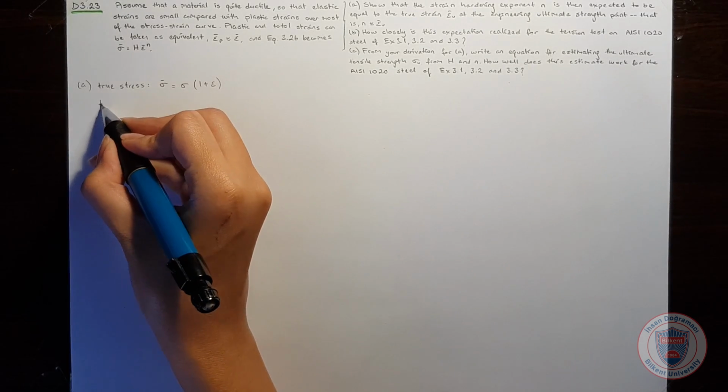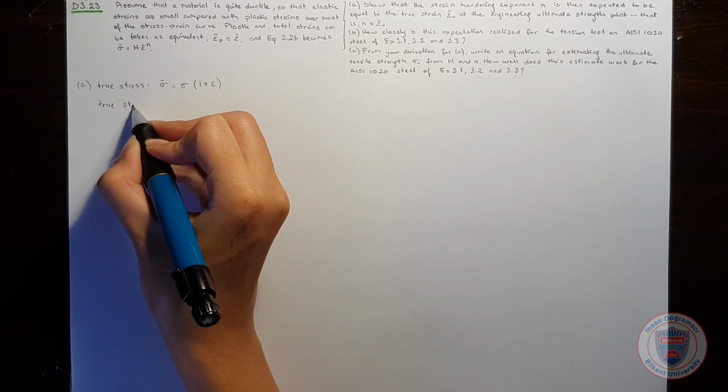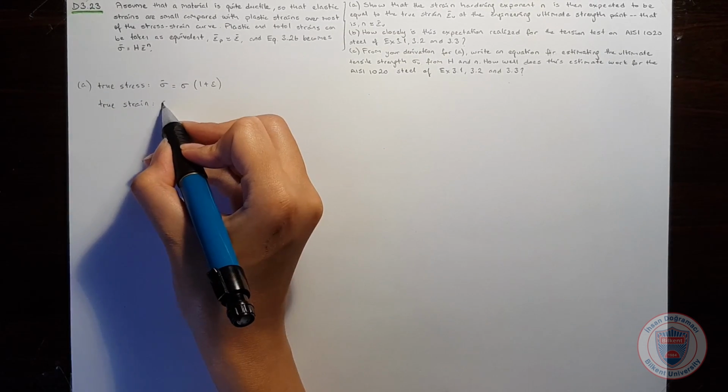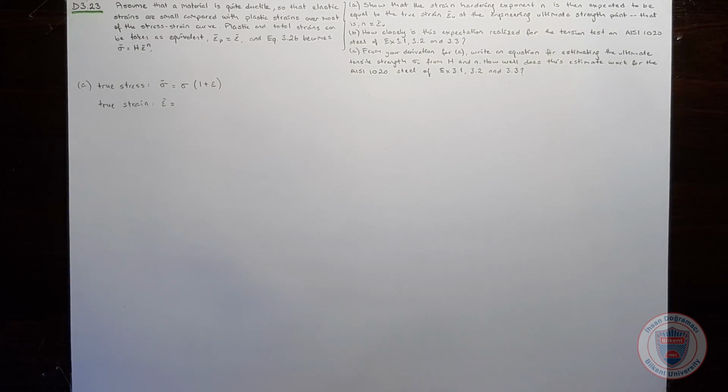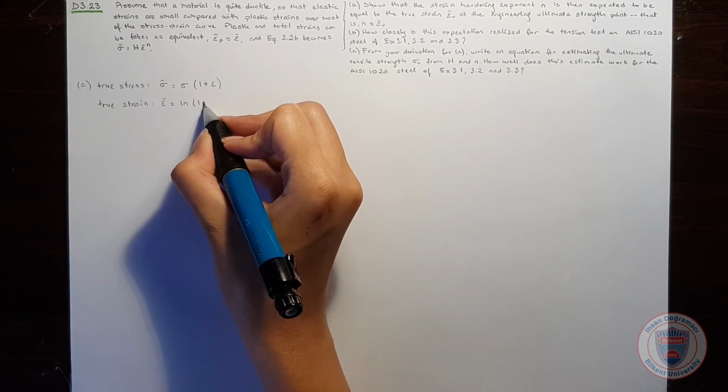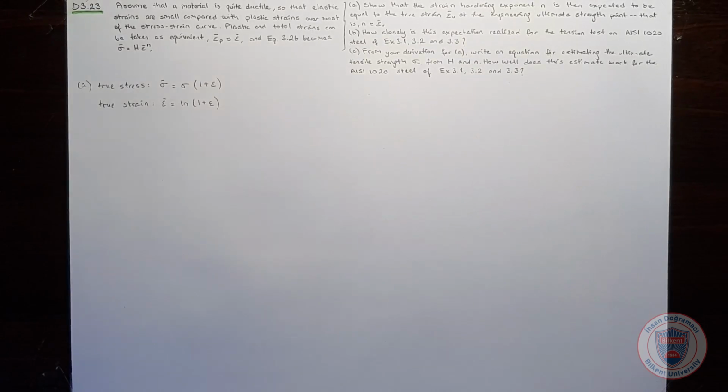Furthermore, true strain, which is shown as epsilon bar, is equal to the natural logarithm of 1 plus engineering strain.